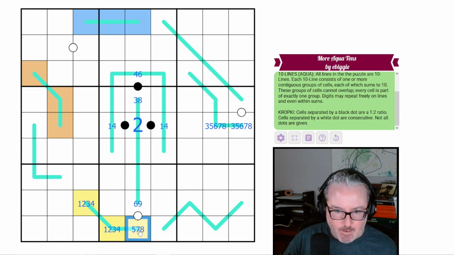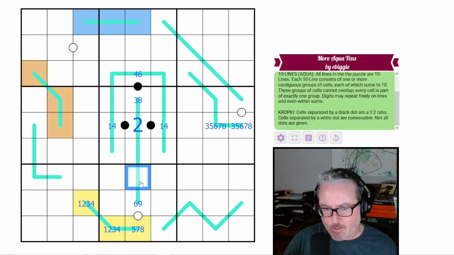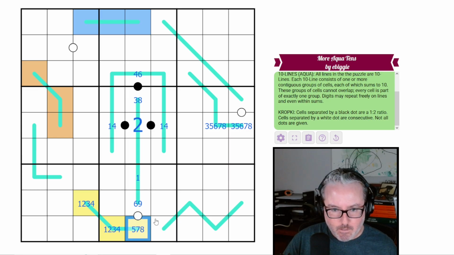If this is 5, and this is 6, we have the exacts. This is always a 1. Because let's go through these options again. If this is a 9, this has to be a 1. Doesn't matter that this is an 8, and what it does up here.